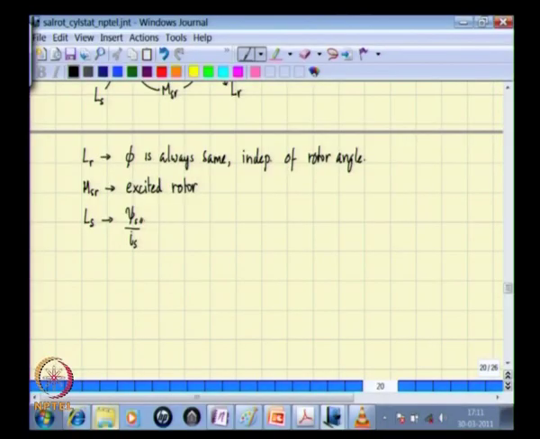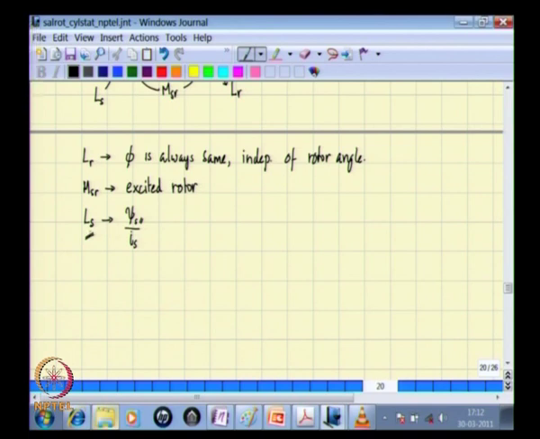If the angle of the rotor is aligned along the axis of the stator, you may get more flux. If it is aligned away from that, you will get less flux. So, the flux linkage is not going to be the same. In fact, the wave shape of the flux density distribution itself will undergo a change as the rotor rotates. This makes it a little more difficult to determine the self inductance of the stator winding.